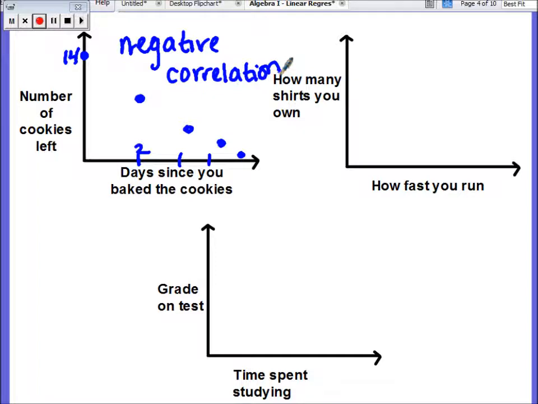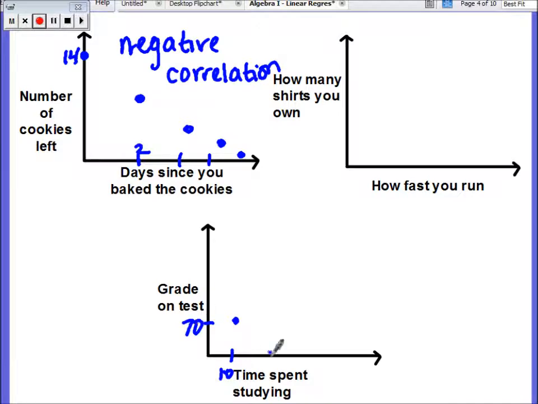All right, let's look at the bottom example. This one is comparing the amount of time you spend studying for a test to the grade that you receive on that test. So hopefully, the more time you spend, the higher your grade will be. Say if you only spend 10 minutes studying, you might get a 70%.